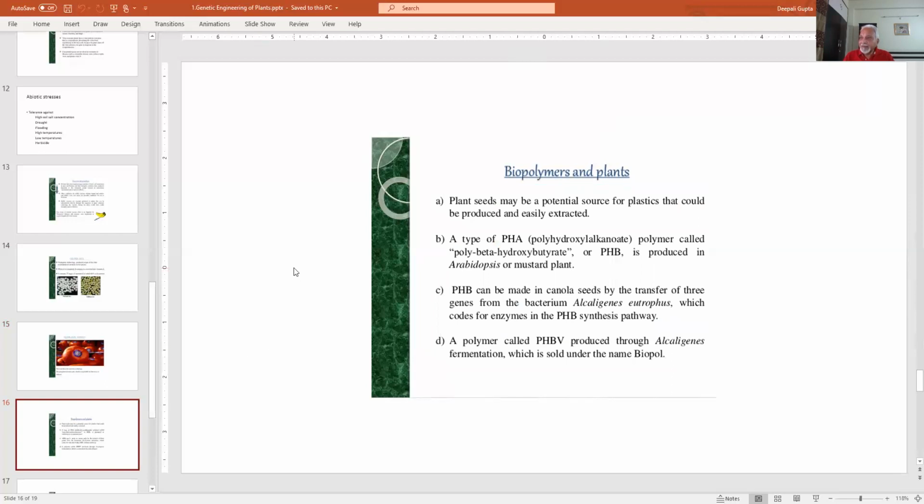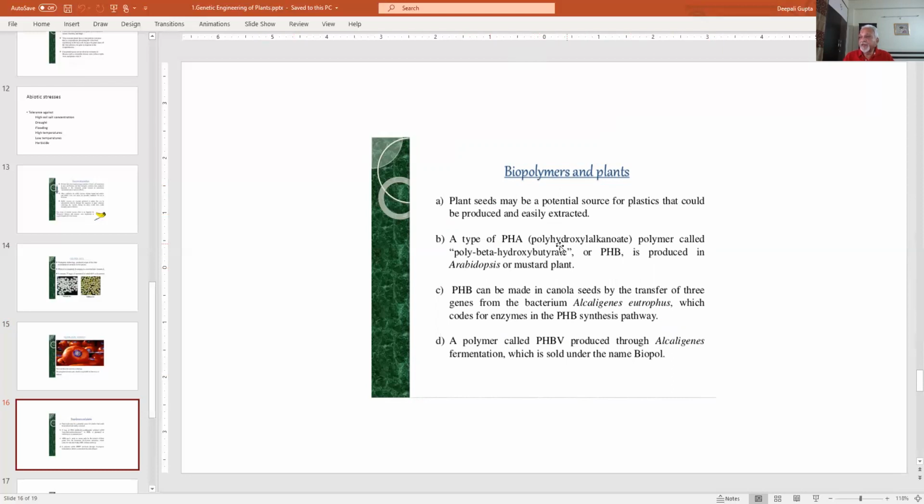And so, plants as biofactories. For example, I mentioned biopolymer production successfully. This polymer, polybeta hydroxybutyrate, or PHB, has been produced in plants.